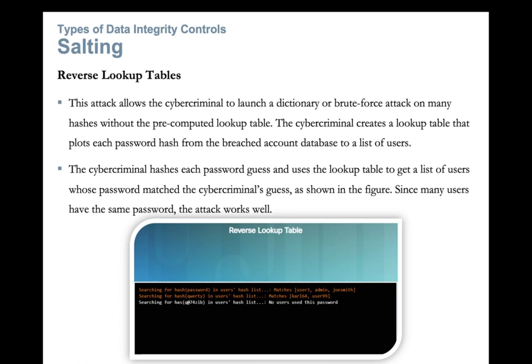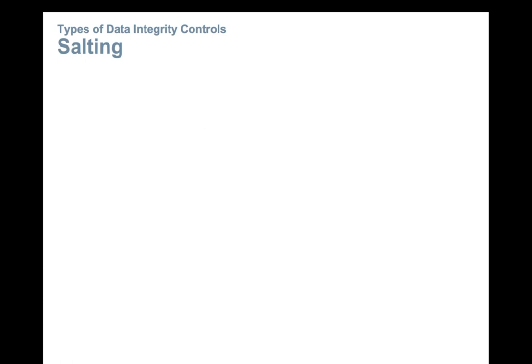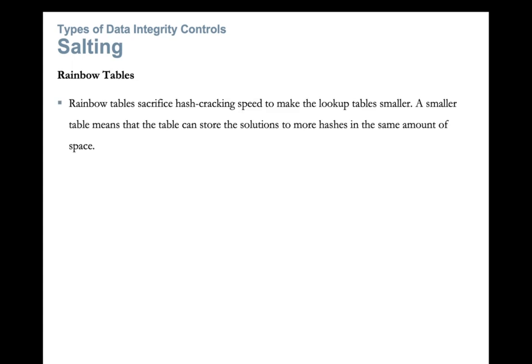Now we talk about rainbow tables. A rainbow table sacrifices hash cracking speed to make the lookup tables smaller. A smaller table means that the table can store the solutions to more hashes in the same amount of space.